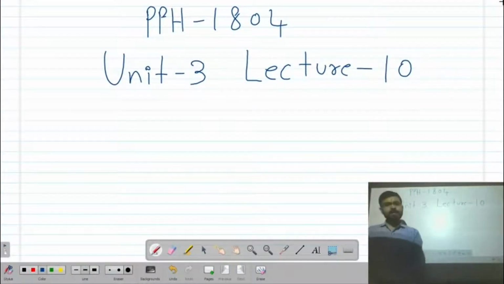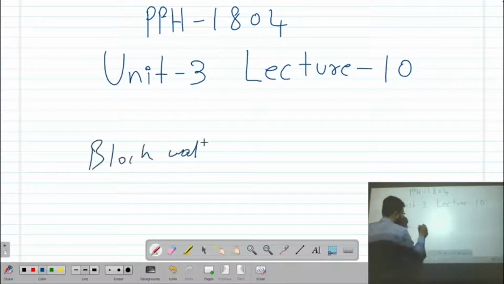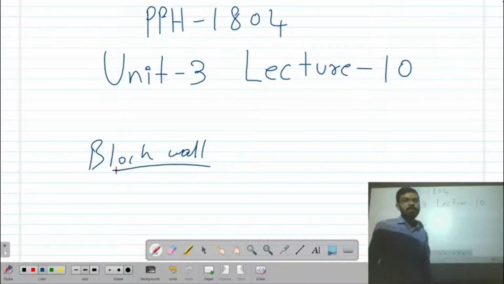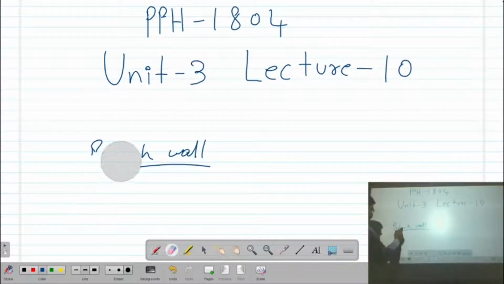In the last lecture we discussed the Bloch wall, and we derived some of the equations for it. Today we are going to see another important topic of our unit.